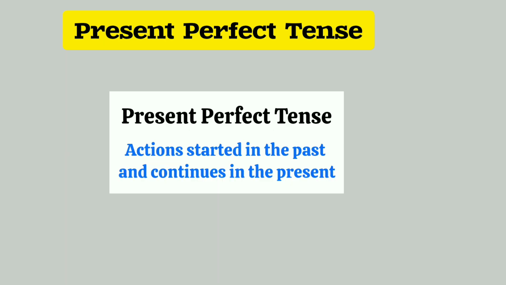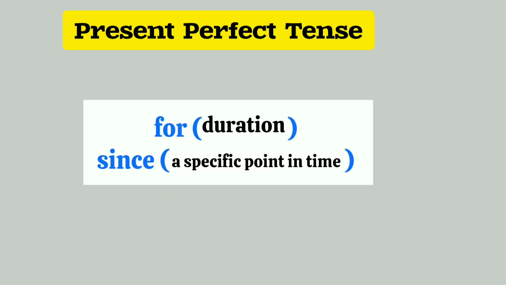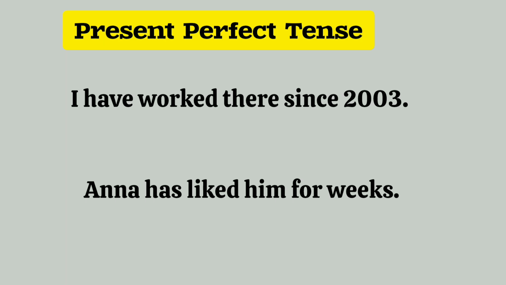Let us move to the next usage. The present perfect tense is also used to describe an action that starts in the past and continues in the present. For and since are common expressions used with the present perfect tense. Let us take a look at these examples. I have worked there since 2003.